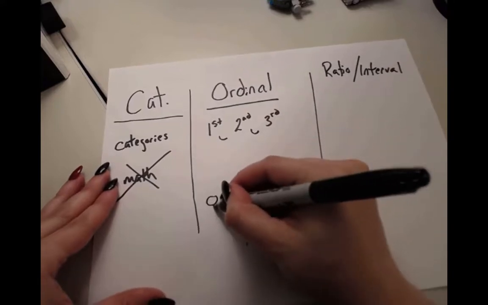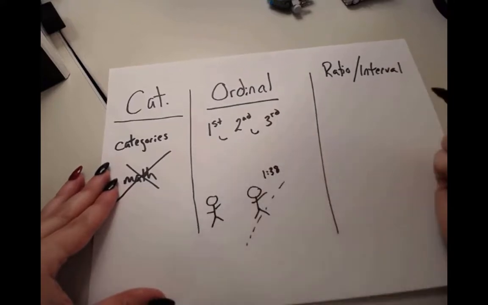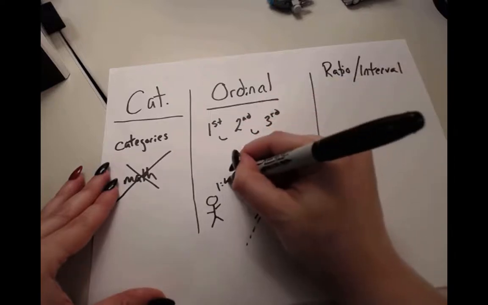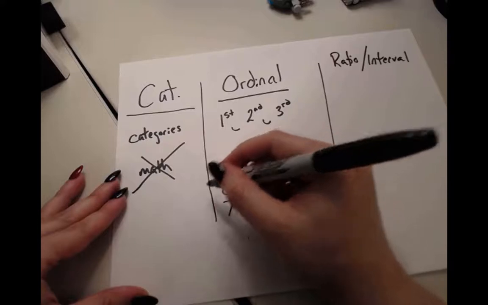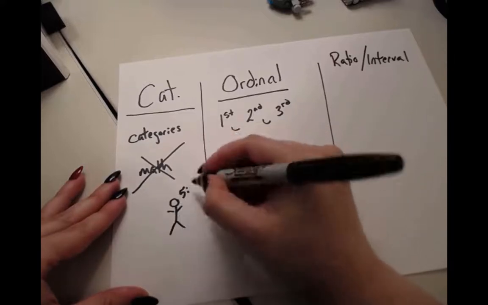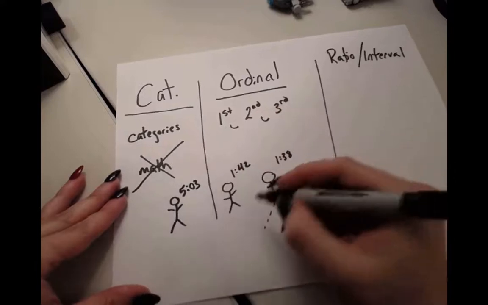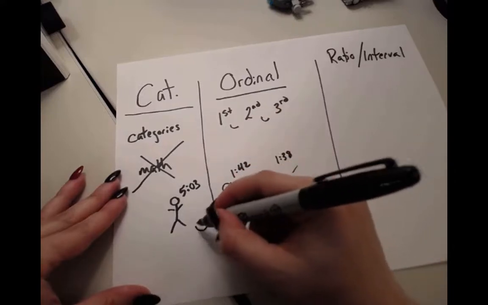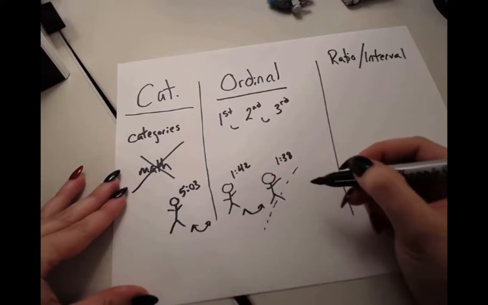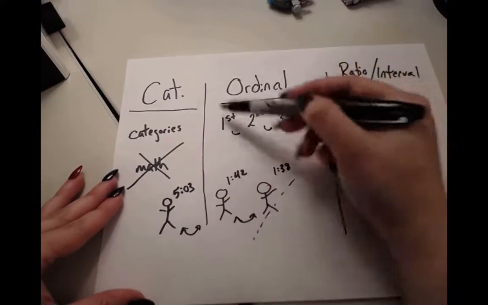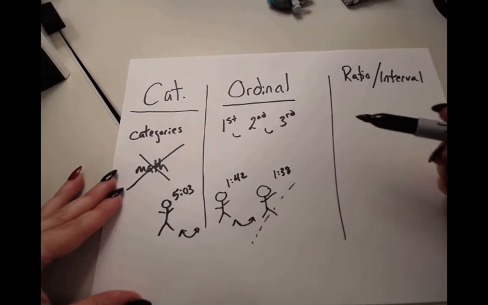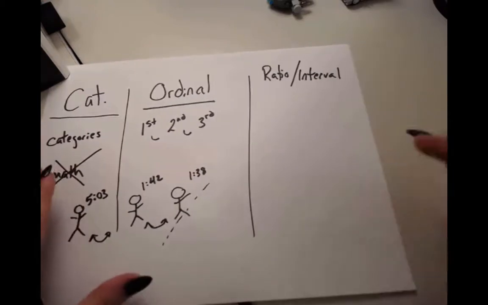And the next runner, the person who gets second place, might finish at 1 minute and 42 seconds. But maybe the third one finishes at 5 minutes and 3 seconds. There's not an even distance between first and second and third. So that's how we know that ordinal is not actually mathematical categories, it's just a ranking system.